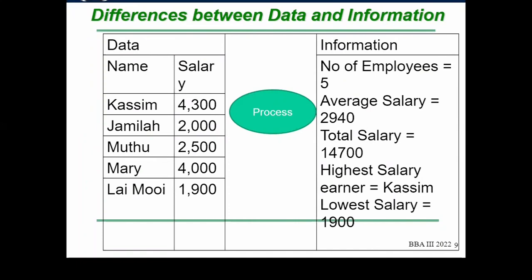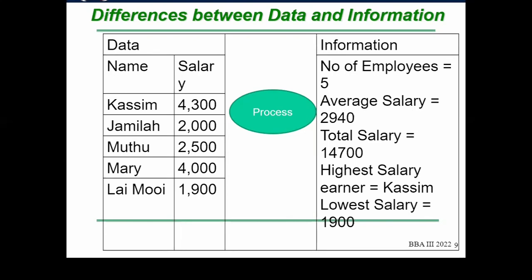Look at it from this now. Data, look at name and salary, where we say Kasim earns that, Jamila earns that, Muthu earns that, Mary that, Lamoy earns that. With the information that we might be able to get after processing this, briefly, how many employees are we talking about? 5.